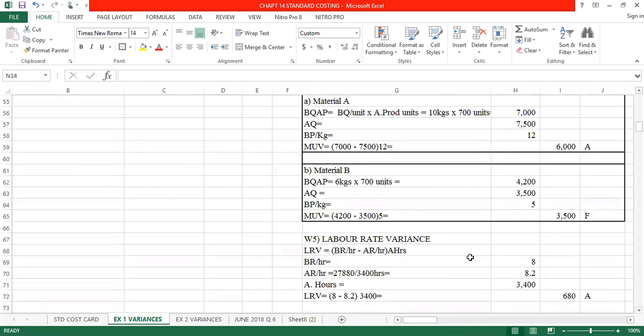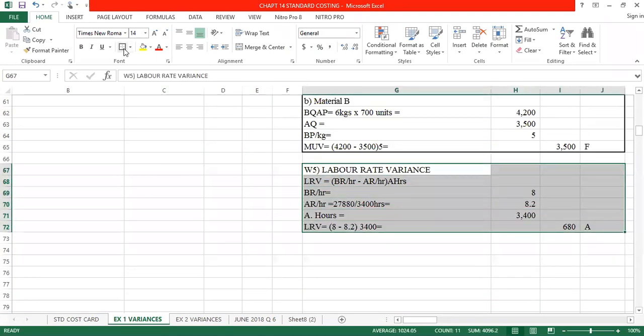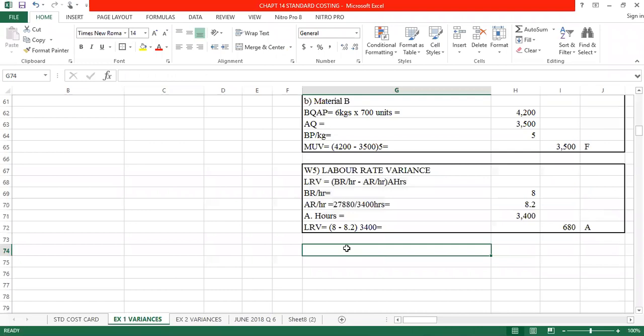Okay, let's continue. So that is labor rate variance. Next, we are slowly finishing. Working 6 is labor efficiency variance.